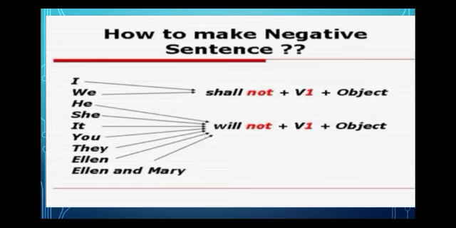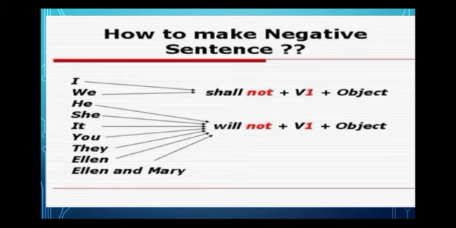Now children, it's very easy to make negative sentences in this tense. What you have to do is you have to just add not after shall or will. For example, if I say I shall play hockey, then in order to make a negative sentence, I have to just insert not after shall.